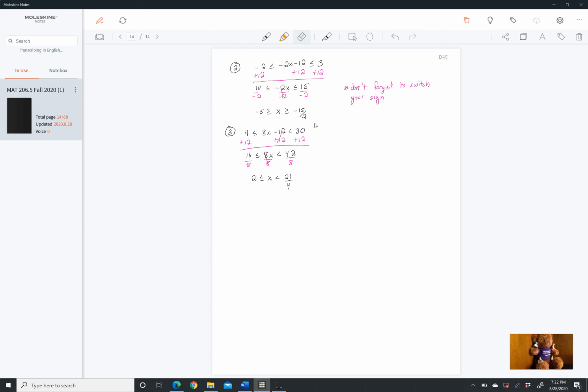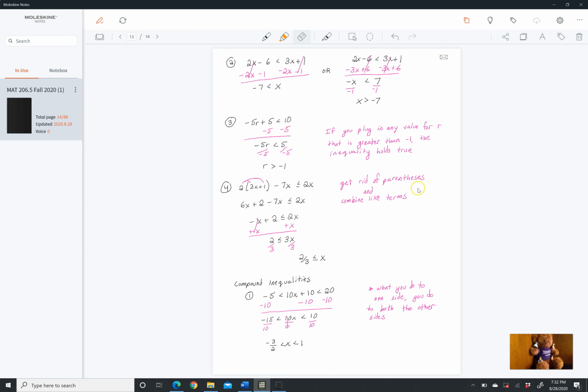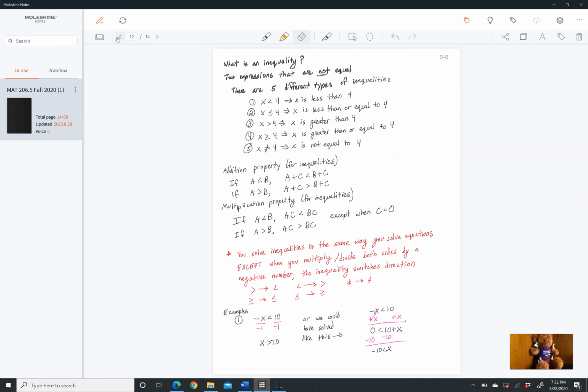But then we have special ways of writing the answer, and we can graph it. We can also do interval notation, something called interval notation. So what I'm going to do is, I think I left enough space next to each of these. I'll go back and I'll show you how we would graph each of these and write the answer in interval notation.